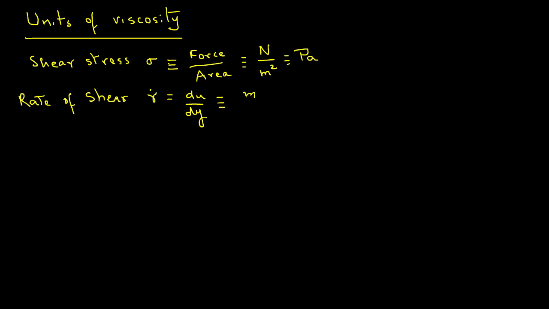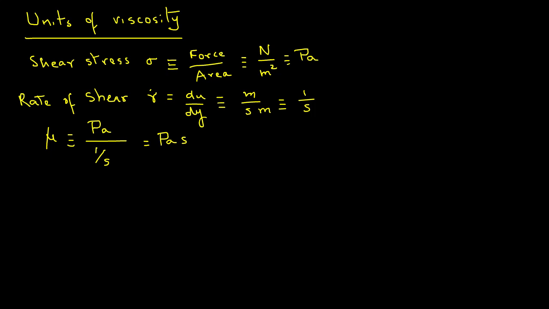So meter will cancel out. So the units of shear rate are 1 over second. Now if we substitute that into our equation for viscosity, the units of viscosity are Pascal divided by 1 over second. So in other words, we can rearrange to get that second in the numerator. So the units of viscosity are Pascal second.